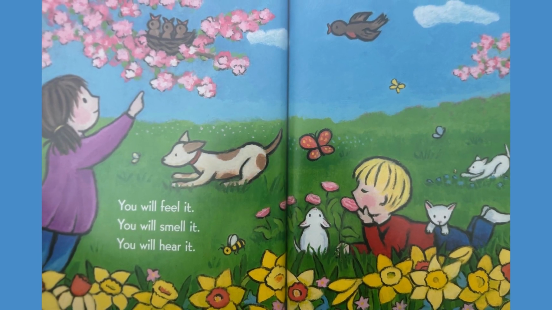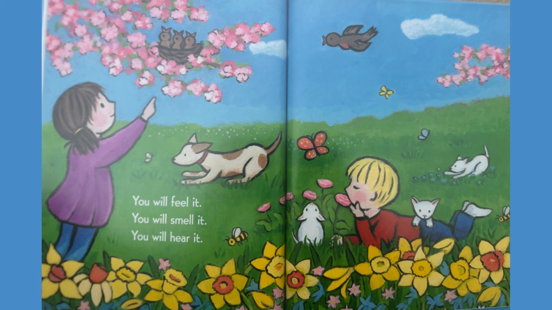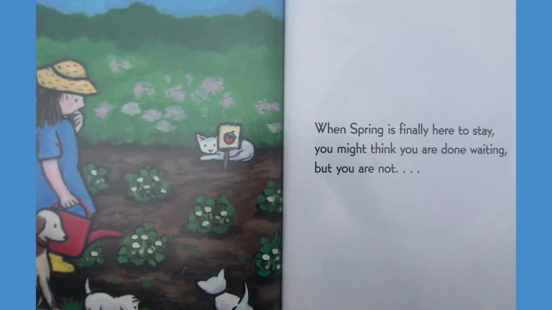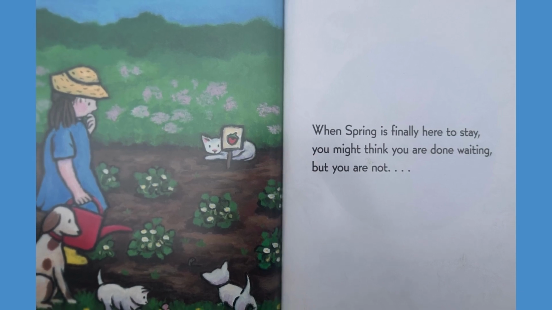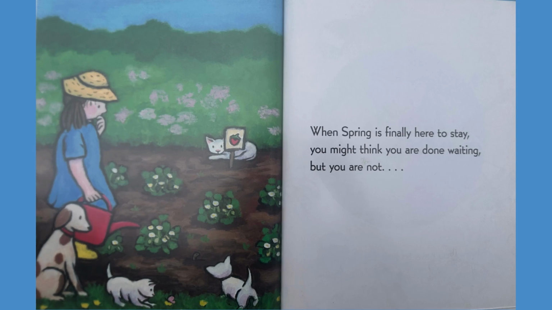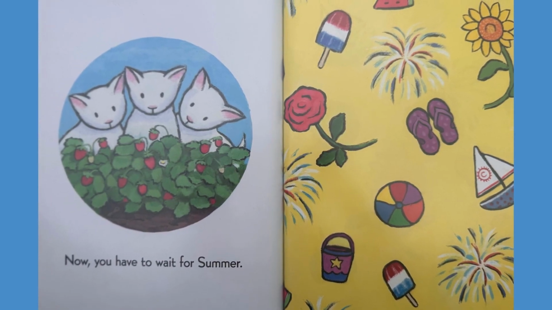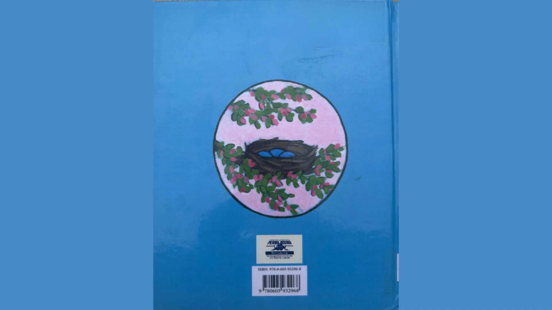You will feel it, you will smell it, you will hear it. When spring is finally here to stay, you might think you are done waiting, but you are not. Now you have to wait for summer. The end.